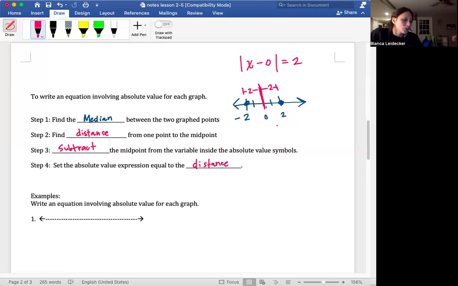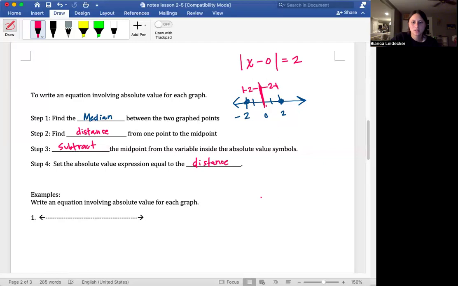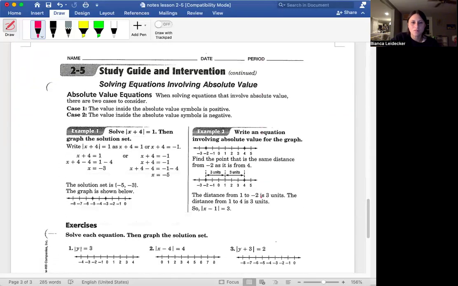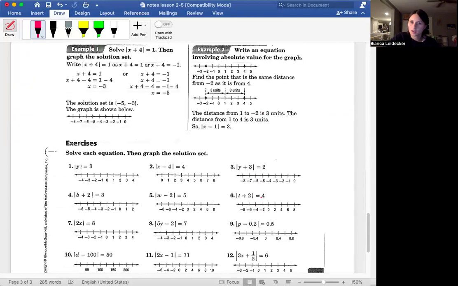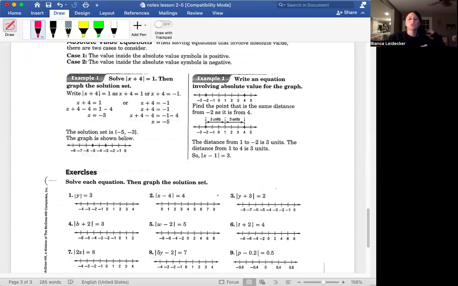Okay, so let's take a look at this study guide. We can look at these examples. The first example is actually solving the equation, so it's kind of backtracking a little bit.